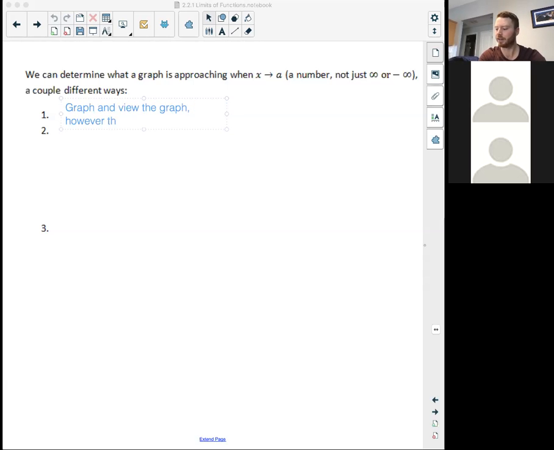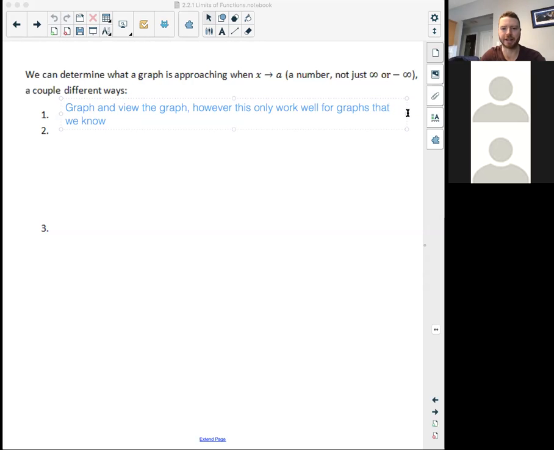However, this is really only good when we know what the graph is. Remember those 6 graphs that we talked about in the pre-calculus unit? So y is equal to 1 over x, x squared, x cubed, absolute value of x, etc. But for some functions, we're not going to know what the graph is, so this method is not going to work that well. So this only works well for graphs that we know.